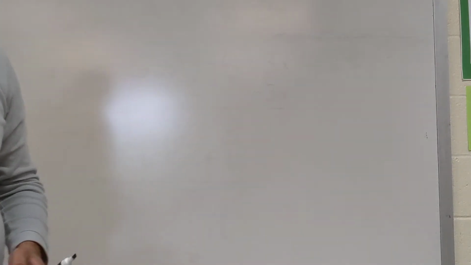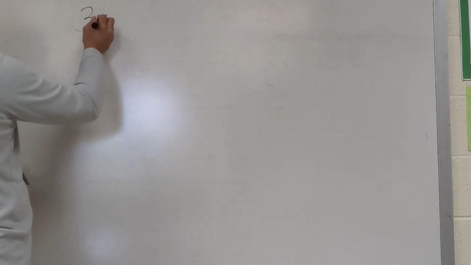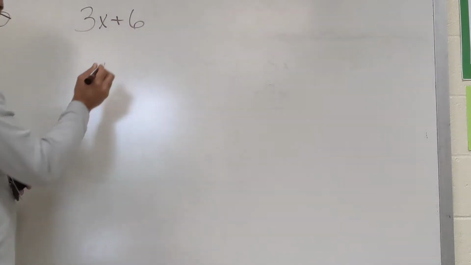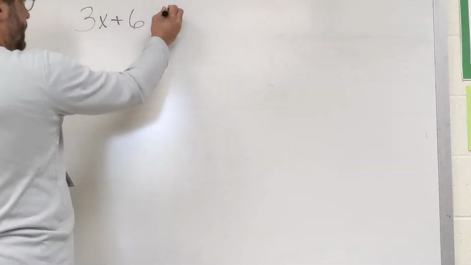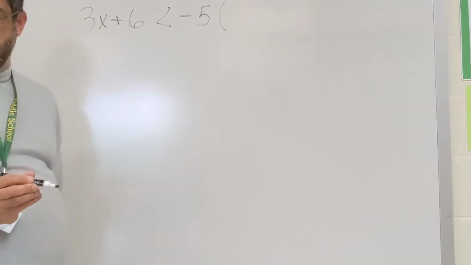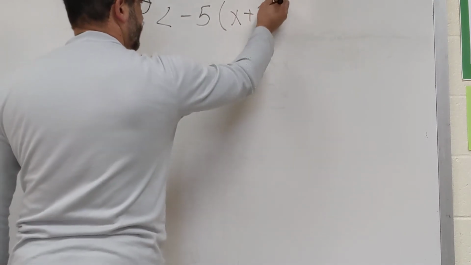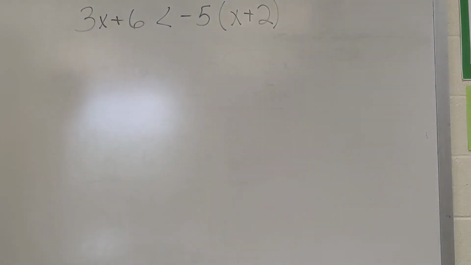All right, then my last one is going to be 3x plus 6 is less than negative 5 times x plus 2. All right, so same thing.